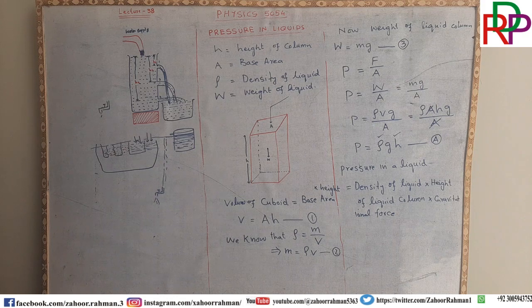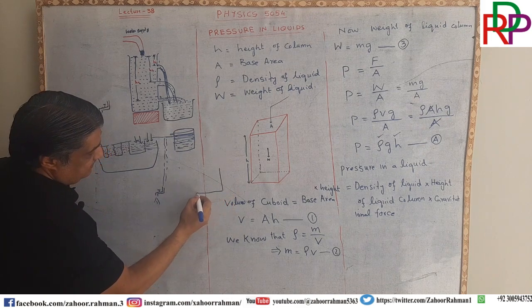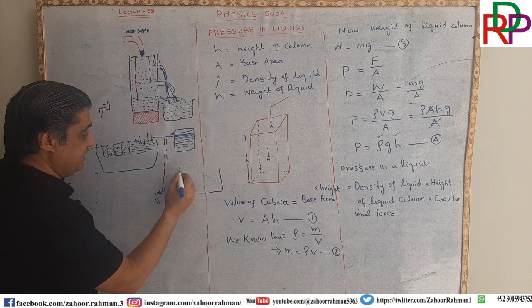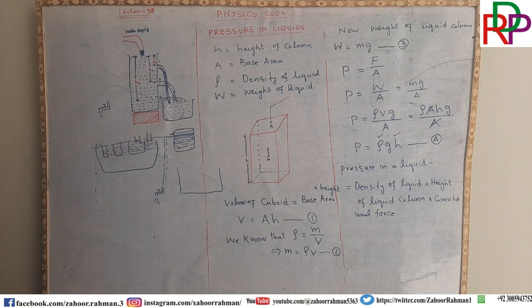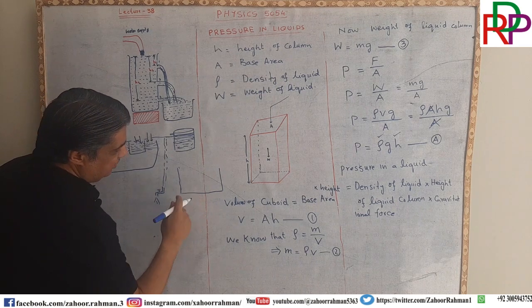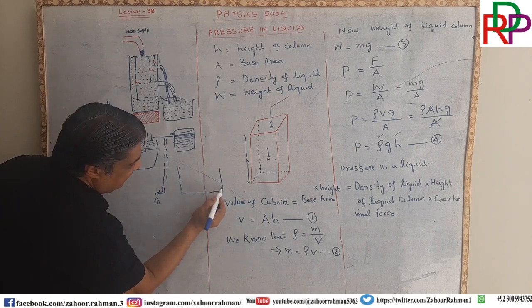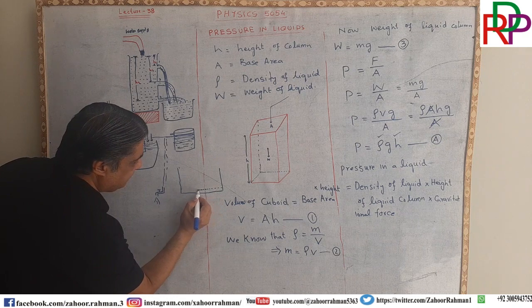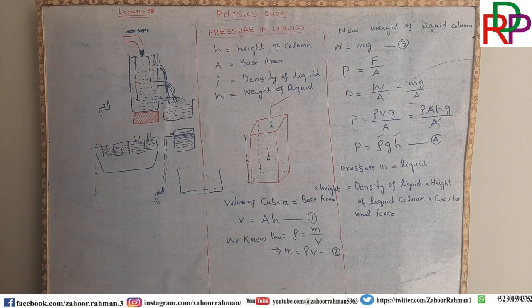Let me give you another example, and that is a very important example from the civil engineering point of view. If this is a room and the mason is laying down the floor, they have to give a slope to it, so the water will go out to a certain level. How will they measure this?